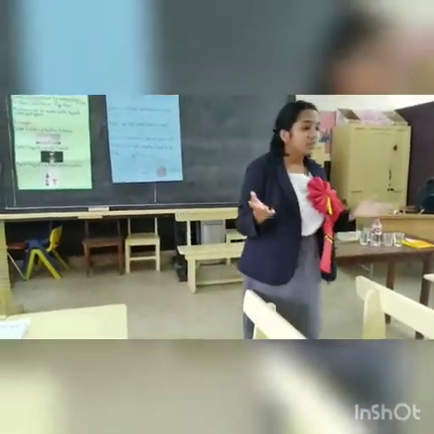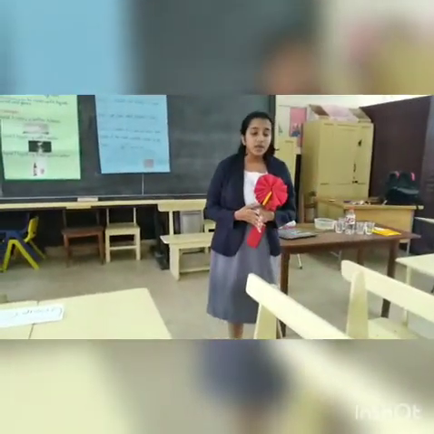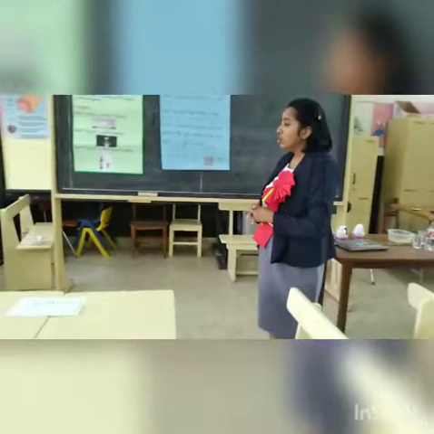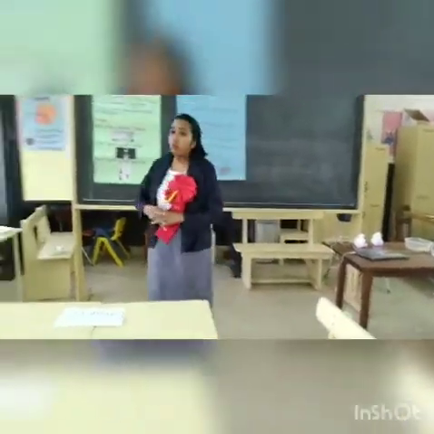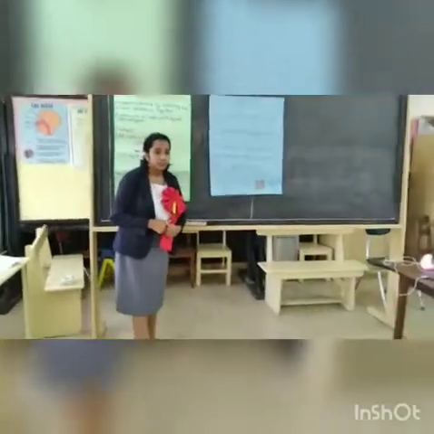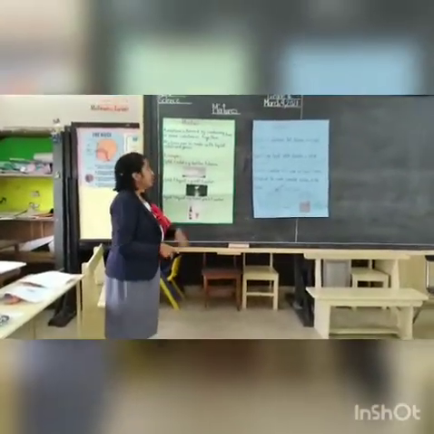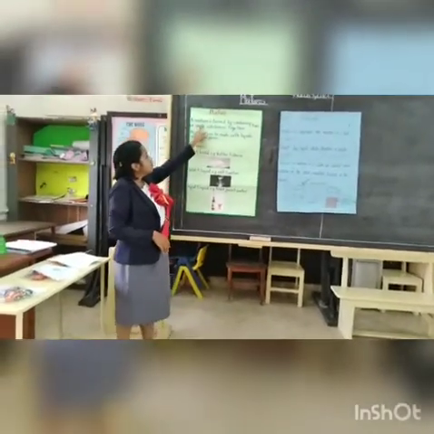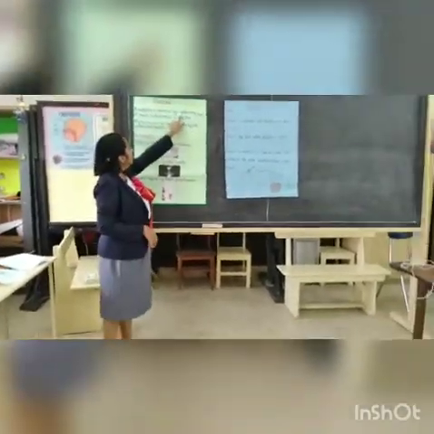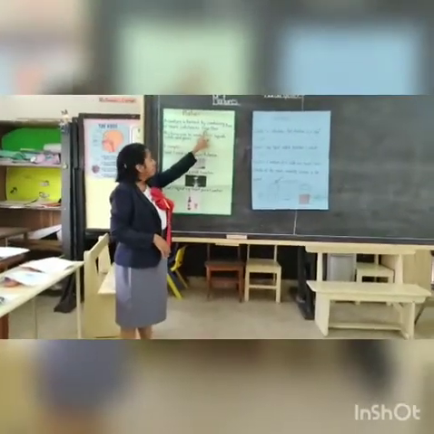But the things that we'll be mixing are solutes and solvent, not colors, okay? So what teacher is going to do, she's going to explain to you now what exactly is a mixture. Say mixture. Mixture. Okay, teacher is going to read and then you will read along with me. A mixture is formed by combining two or more substances together.